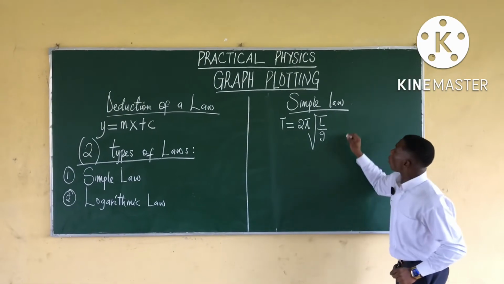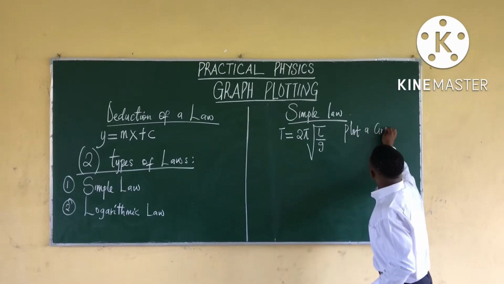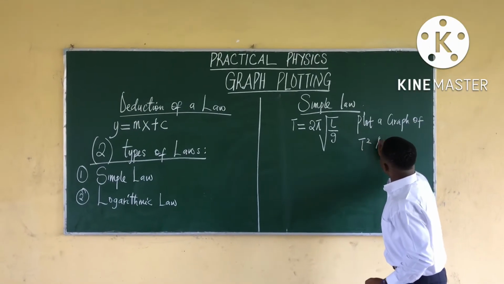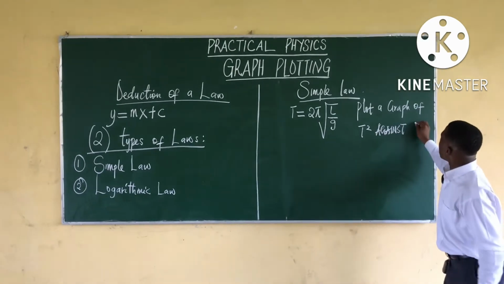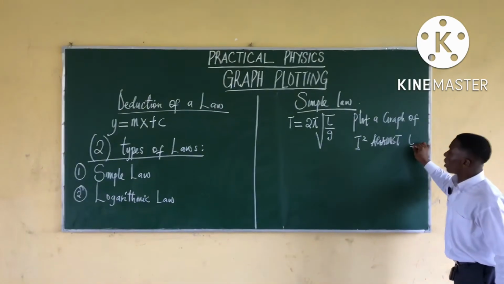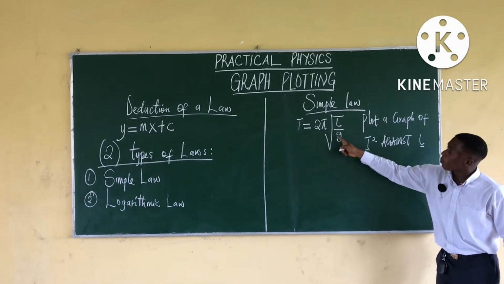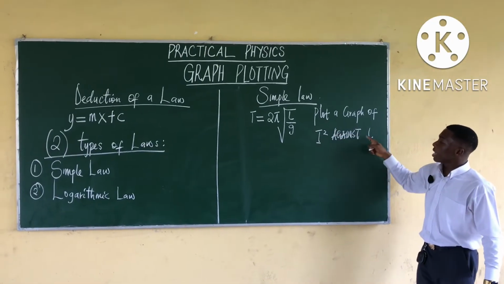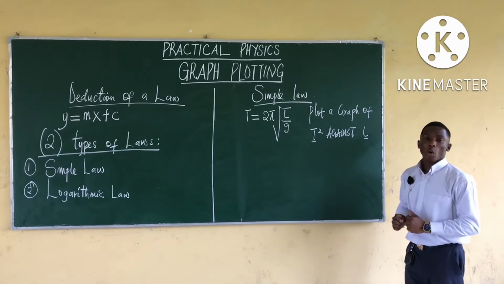If I'm asked to plot a graph of T squared against L, and I'm given this law, your aim is to make T squared the subject of the formula.